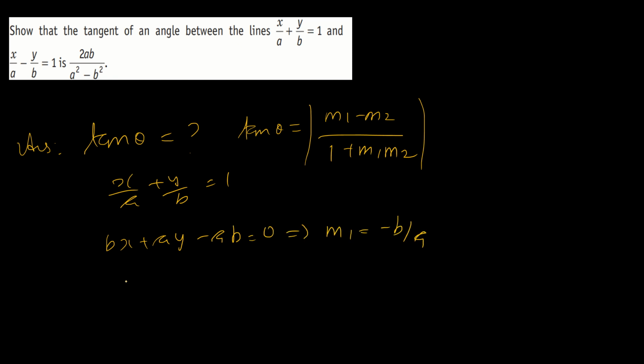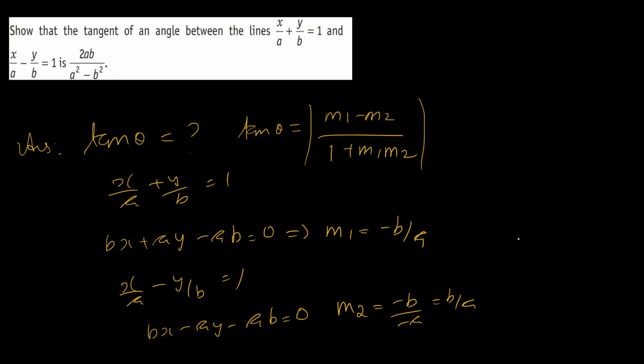What is the second one? x by a minus y by b equal to 1, that is bx minus ay minus ab equal to 0. Here m2 is equal to minus b by minus a, which is equal to b by a. Now just substitute the values of m1 and m2 here, and you will get the desired answer for tan theta as given in the question. The rest is simple calculation, there's no need for me to write it again and again.